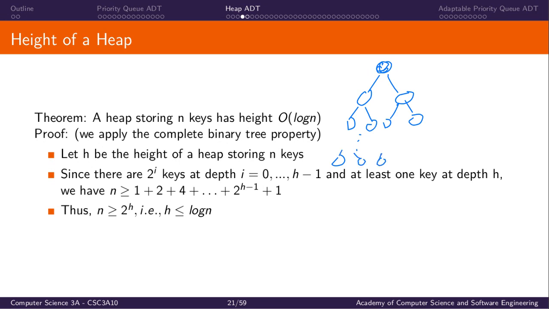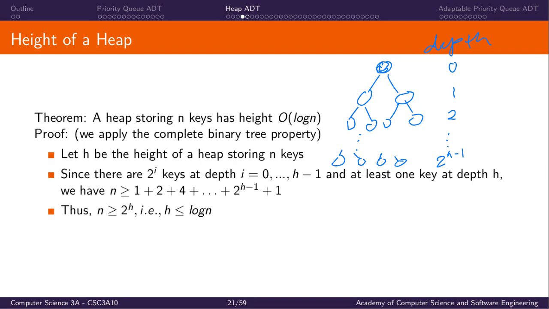So the depth here is 0, then 1, then 2, and we end up with h minus 1, right?